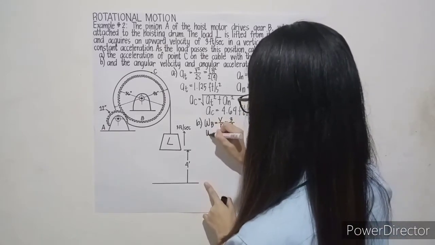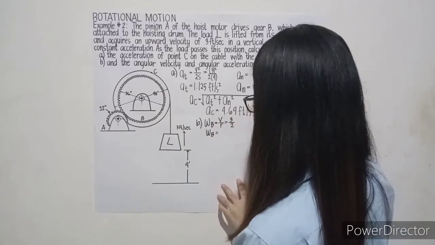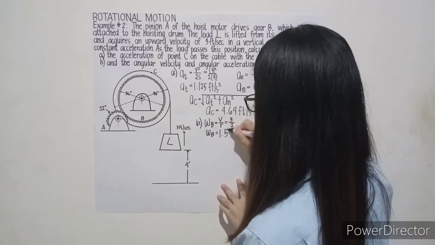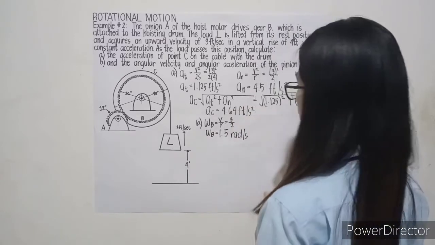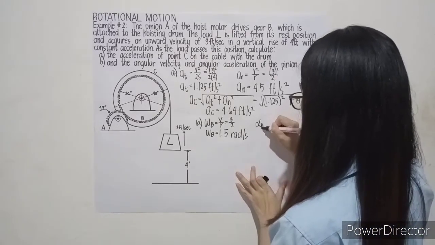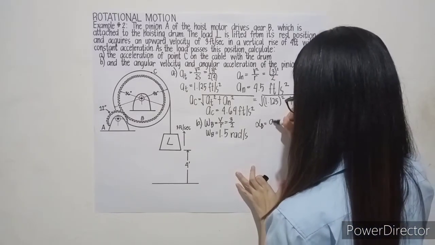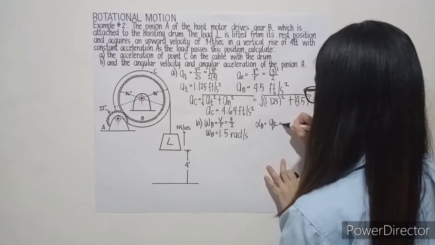So the angular velocity at point B is equal to 1.5 rad per second.